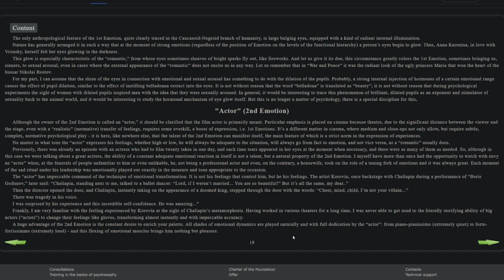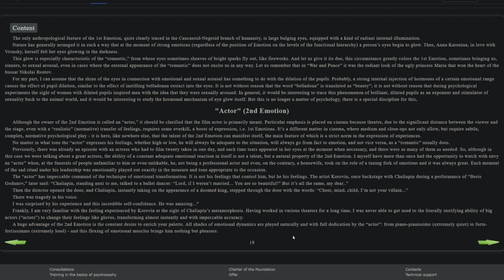For my part, I can assume that the shine of the eyes in connection with emotional and sexual arousal has something to do with the dilation of the pupils. Probably a strong internal injection of hormones of a certain emotional range causes the effect of pupil dilation, similar to the effect of instilling belladonna extract into the eyes. It is not without reason that the word belladonna is translated as beauty.